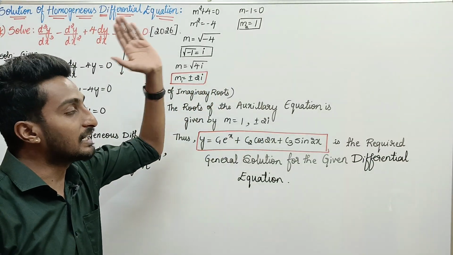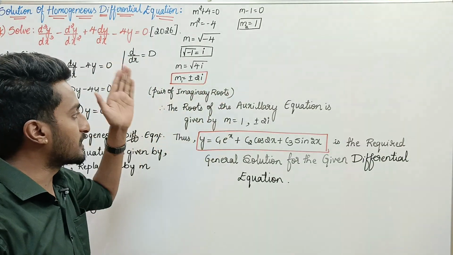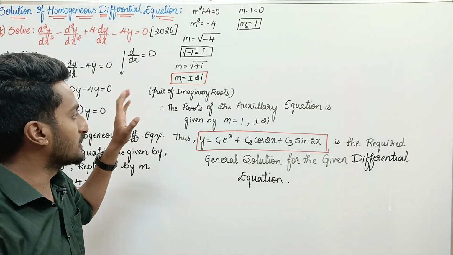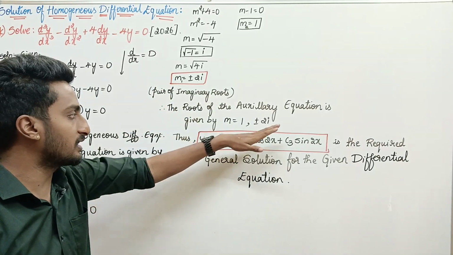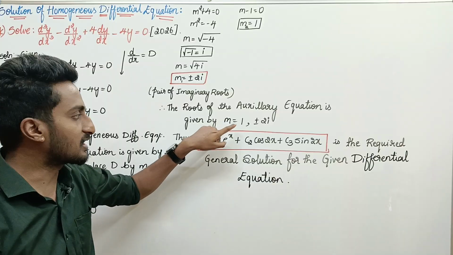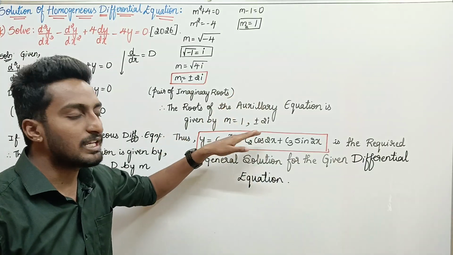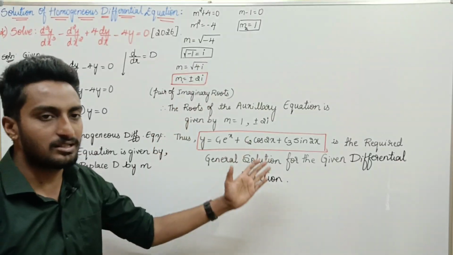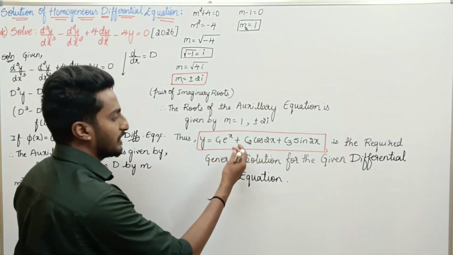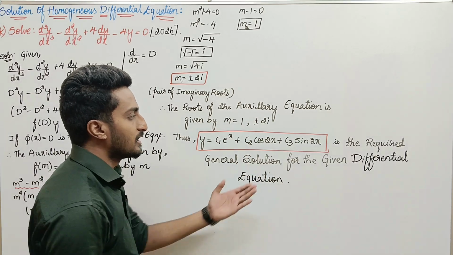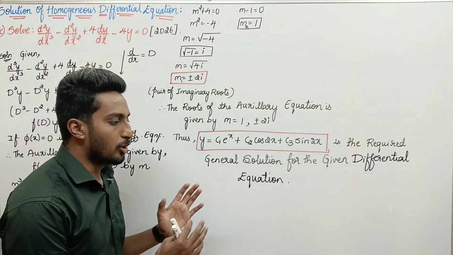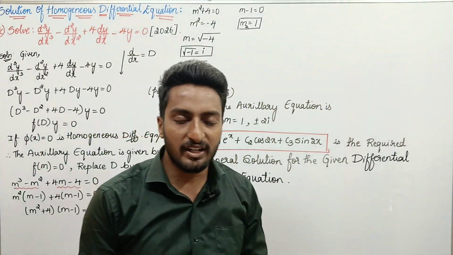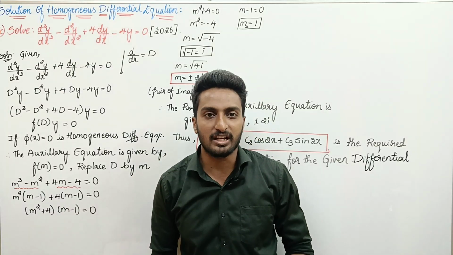First let us represent the real root, then the imaginary root. So the roots of the auxiliary equation are given by the real root first and then the imaginary roots. Considering these roots, we have represented the general solution, that is c1 e power x plus c2 cos 2x plus c3 sin 2x. I hope you have understood each and every step of the homogeneous differential equation.